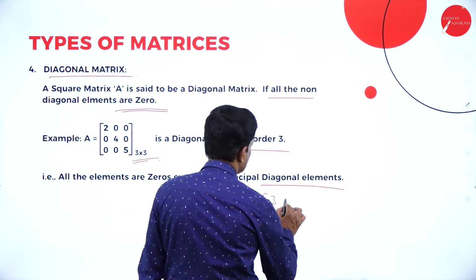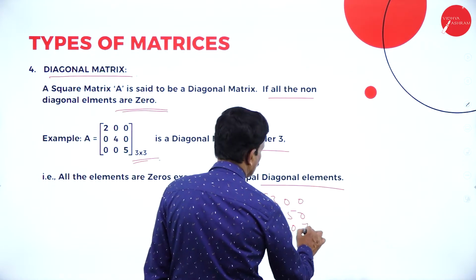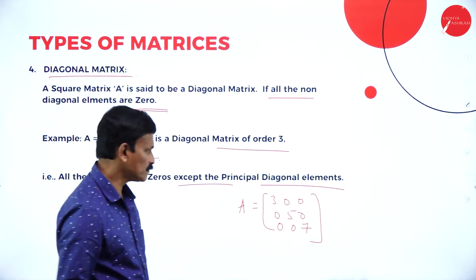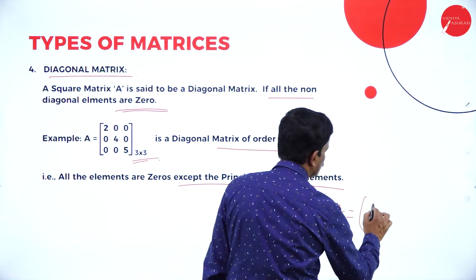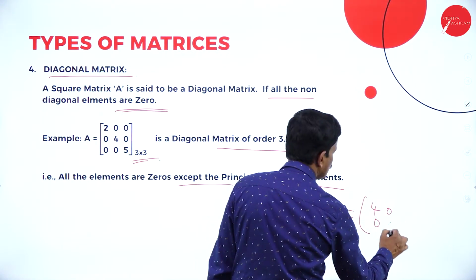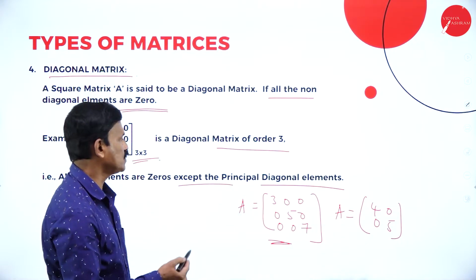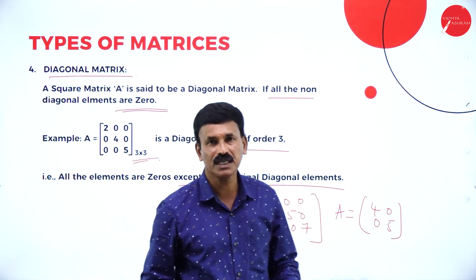So 3, 0, 0, 0, 5, 0, 0, 0, 7. This is also an example of a diagonal matrix. Now, let us take one more example of order 2 rows 2 columns: 4, 0, 0, 5. This is also an example of a diagonal matrix in which all the non-diagonal elements are zeros. Okay, hope you got an idea.